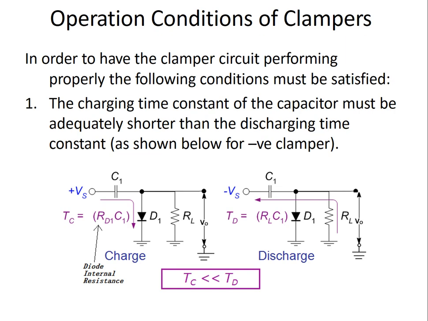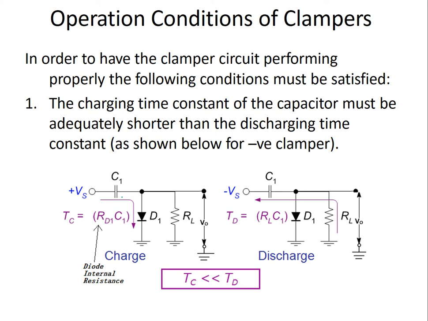But there is one important thing here that we learned about the clamping operations. We are using capacitors here, so for the basic operation of the clamping, whenever a capacitor is involved, we have to deal with the charging time and discharging time of the capacitor. For example, let's say this is the negative diode clamper.